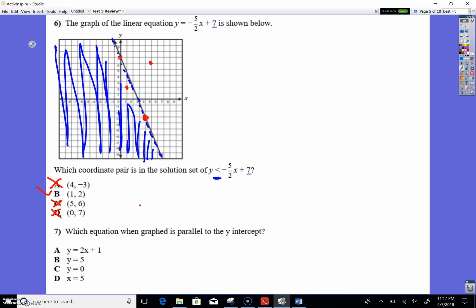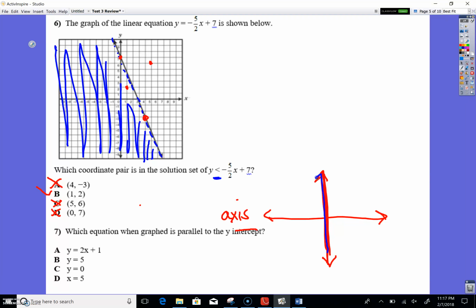All right, I'll try to do one more. Which equation, when graphed, is parallel to the y-axis? This is the y-axis right here.